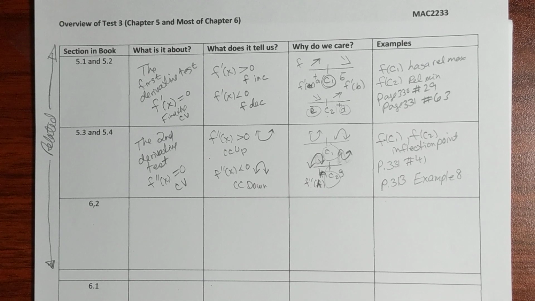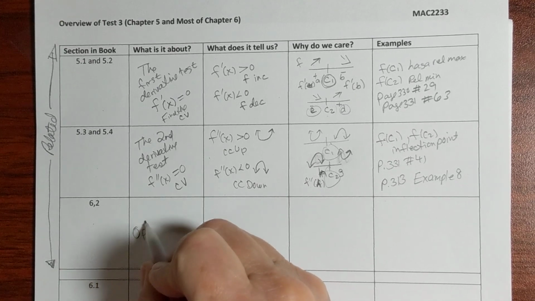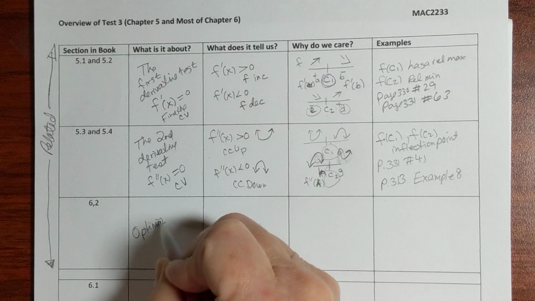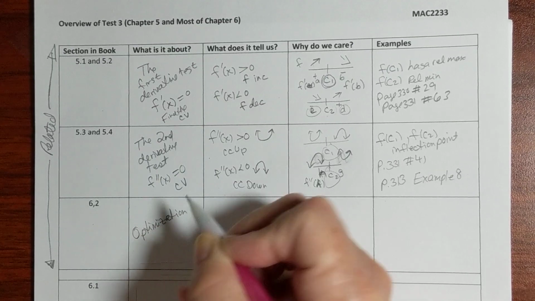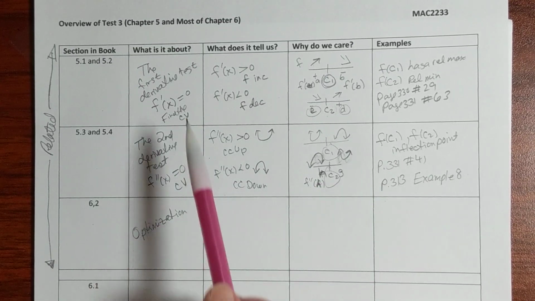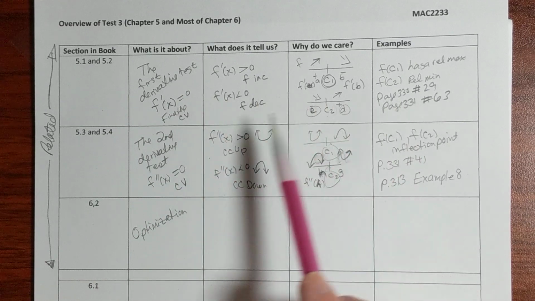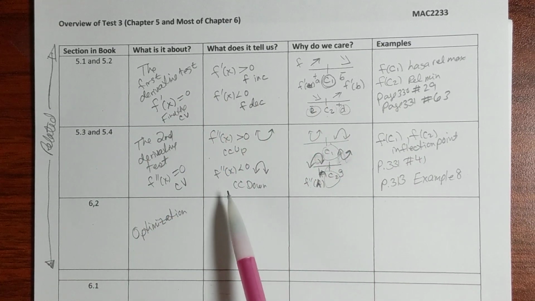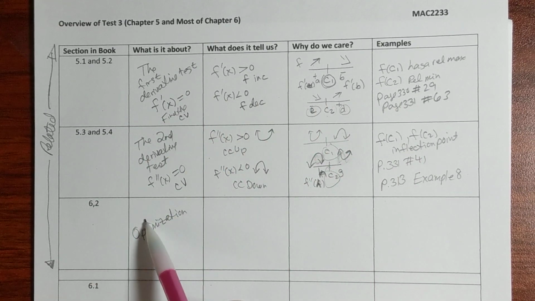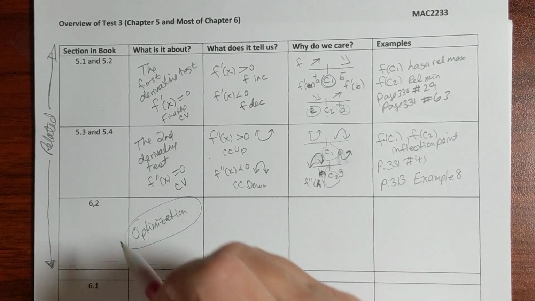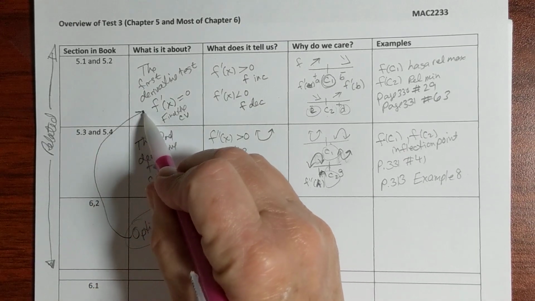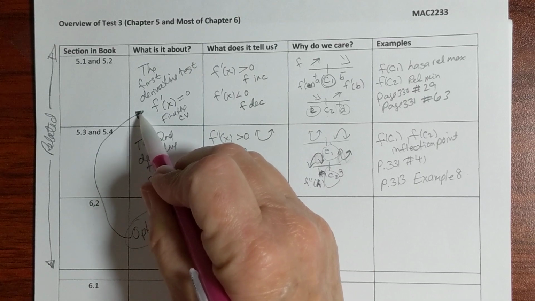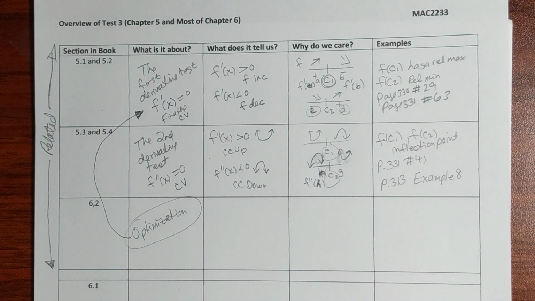Okay, now, 6.2, what is this about? This is about optimization. What is happening in 6.2 is we're using this information up here in an application. We really use the first derivative test in a word problem to tell us what's going on.